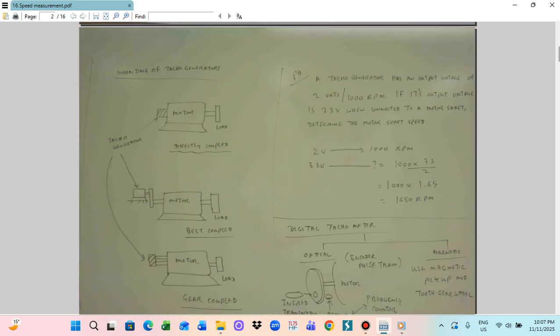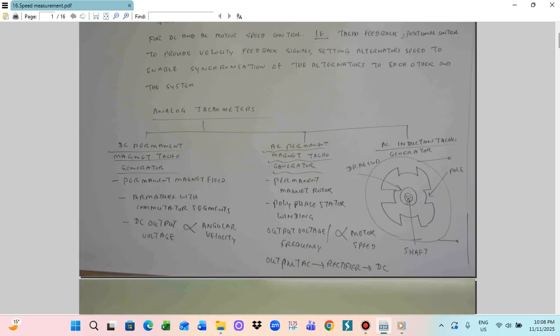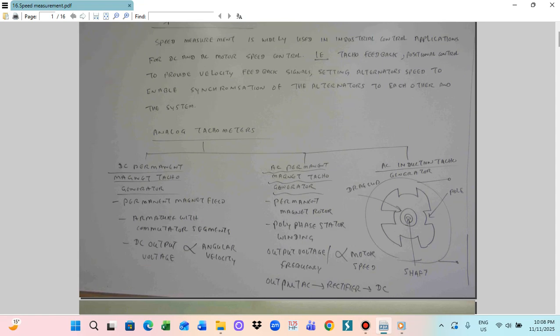The DC tacho generator consists of a permanent magnet field structure, and an armature with commutator segments.